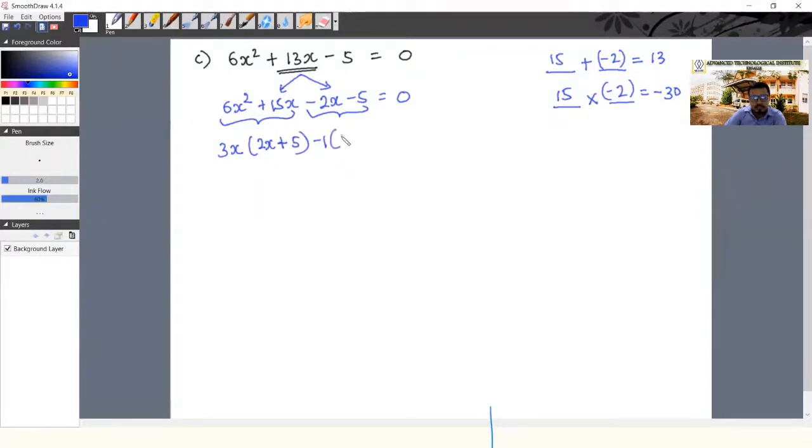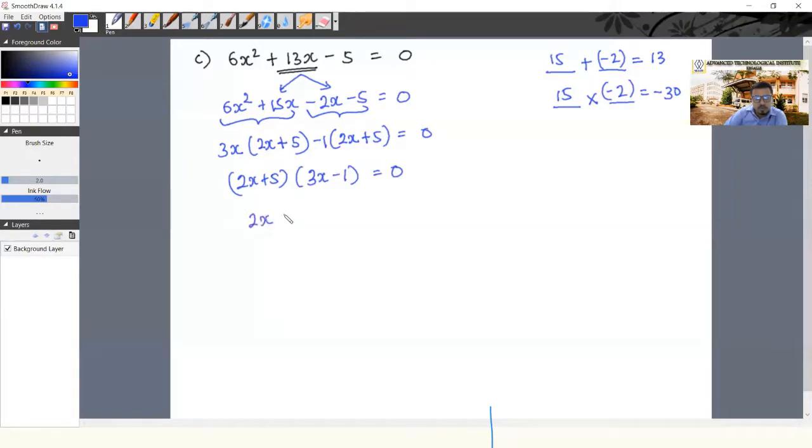Within the brackets, how should it be? 2x plus 5. Minus 1 into 2x is minus 2x. Minus 1 into plus 5 is minus 5. So the common factor again is 2x plus 5, and 3x minus 1 equals 0.